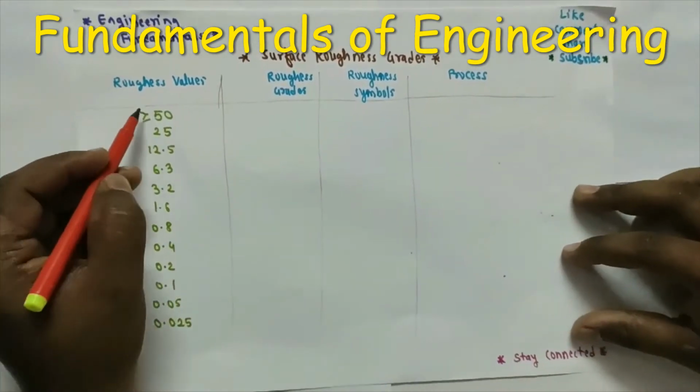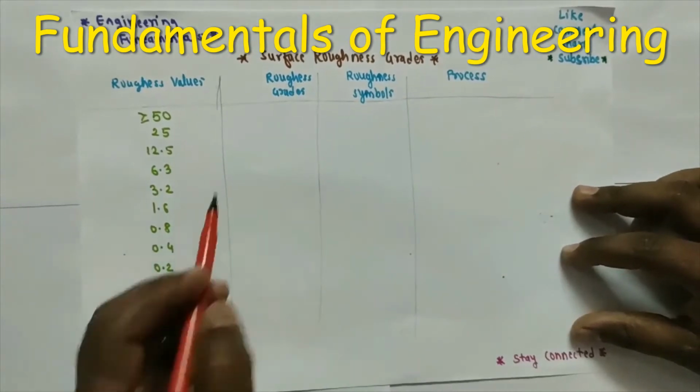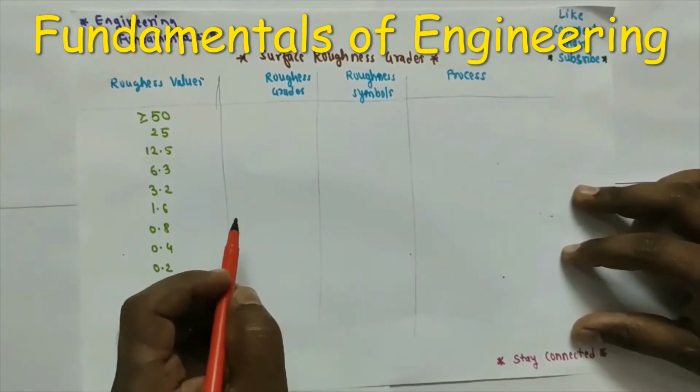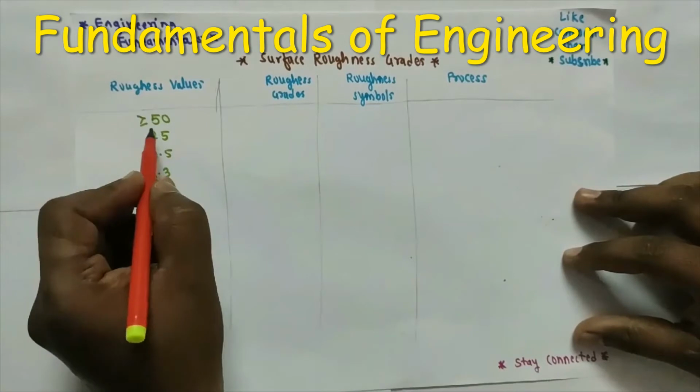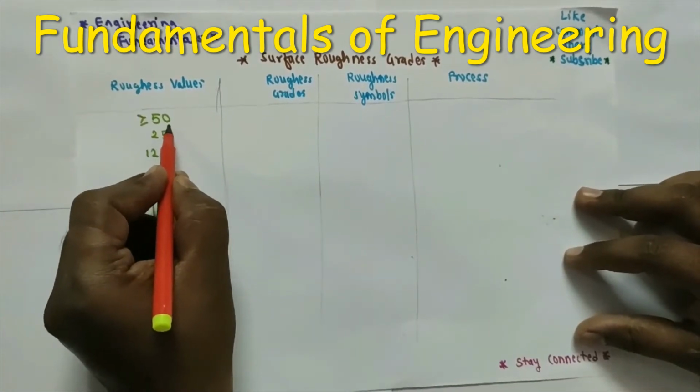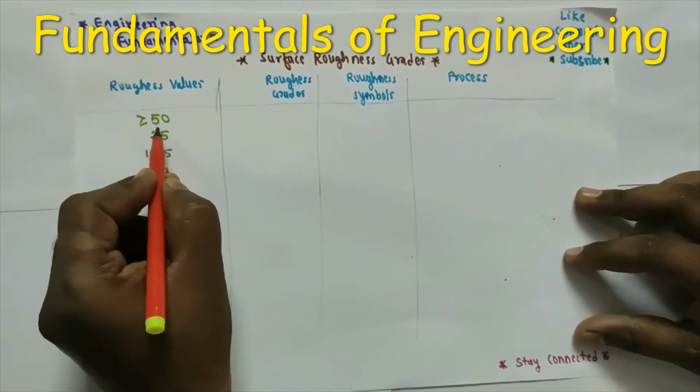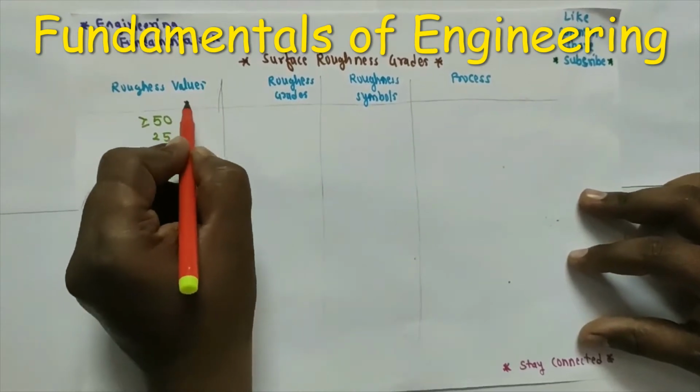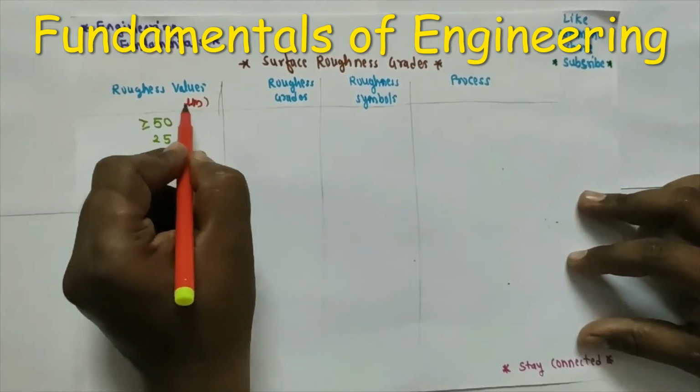So these are the surface roughness values, and based on that we can identify the surface roughness grade. If the surface roughness value is greater than or equal to 50, this value is in microns.